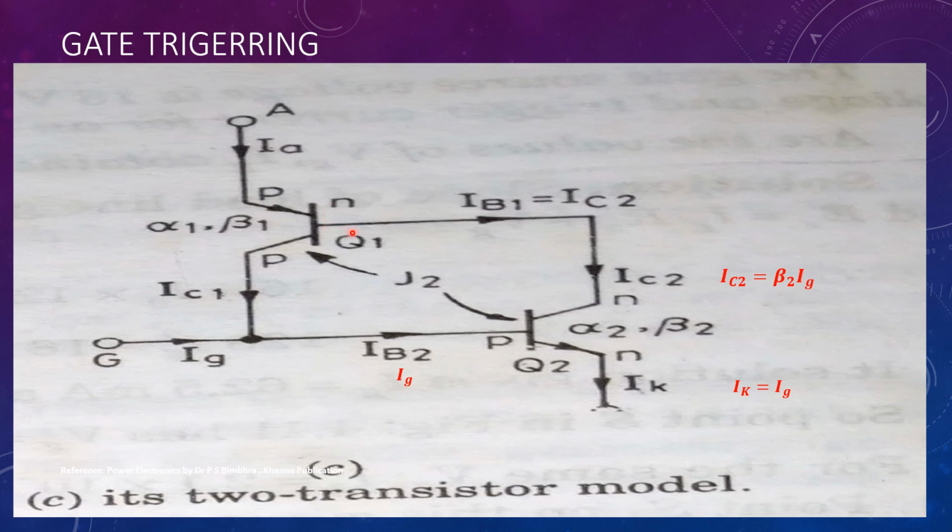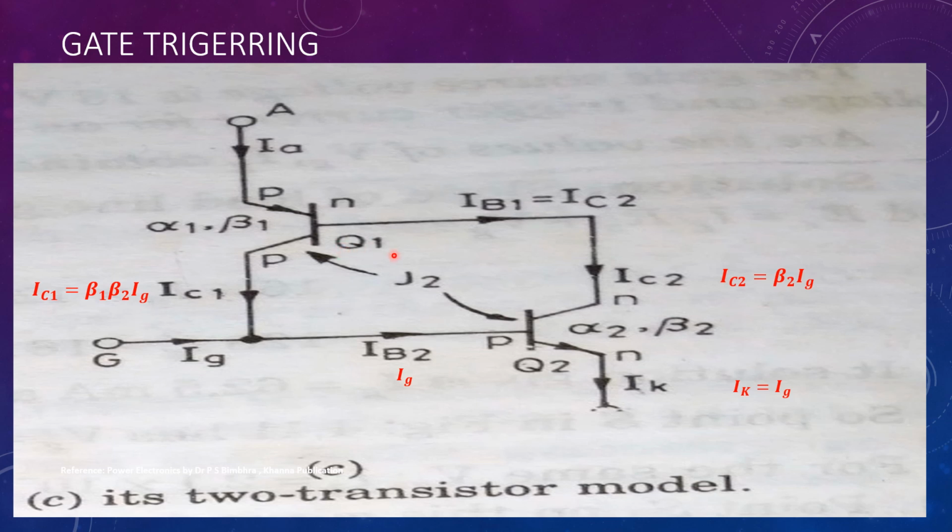Since there is a base current for transistor Q1, there is a collector current IC1. IC is equal to beta IB, therefore IC1 is equal to beta 1 times IB. The value of IB now is beta 2 IG. Therefore, IC1 is equal to beta 1 beta 2 IG.